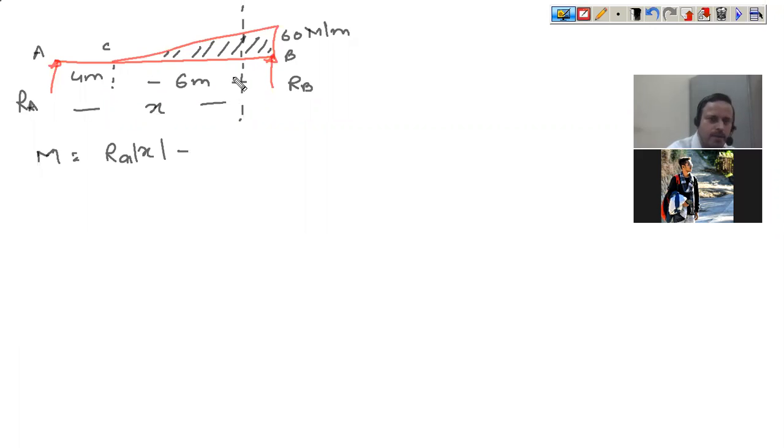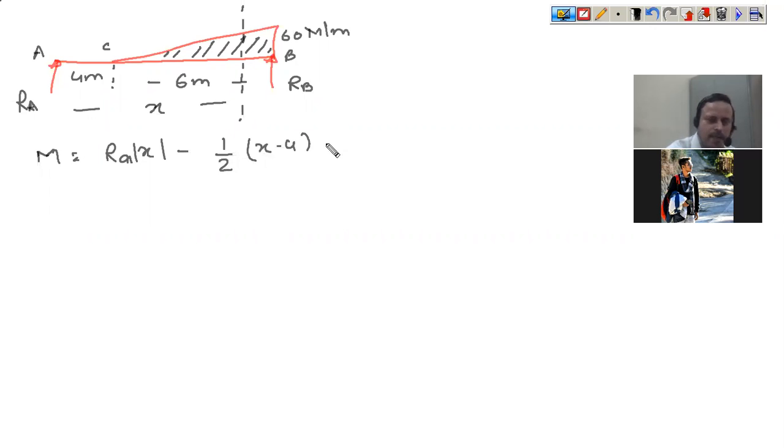So you need to find out the instantaneous height. So first, the area under the triangle will denote the total load. So you need to first find out the area under the triangle, half into base into altitude. So the base is x minus 4. This distance is actually x minus 4.